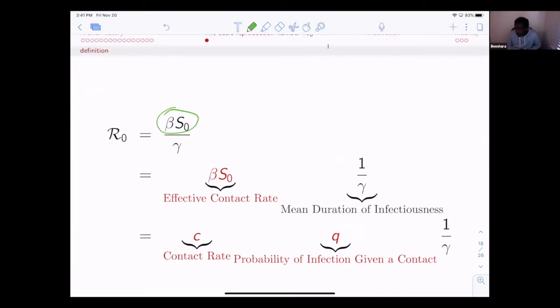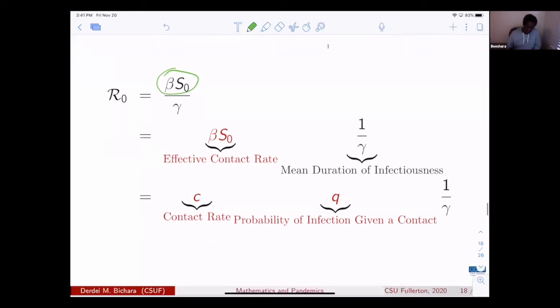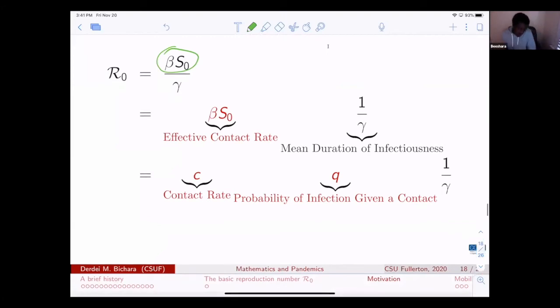You have some susceptibles, they move around, they will contact people. And 1 over gamma is the mean duration of the infection. And of course, this effective contact rate is C times Q, so that's the contact rate times the probability in which a contact will lead to an infection. Okay.